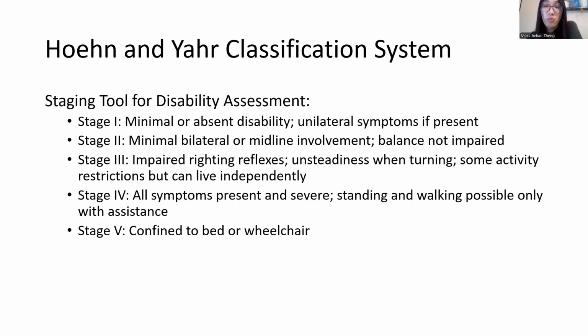Stage 4 represents severe disability with all symptoms present. Standing and walking are possible only with assistance devices, or even with help. Finally, stage 5 patients are confined to bed or wheelchair. The staging system is crucial because it provides a treatment approach and helps predict functional outcomes.